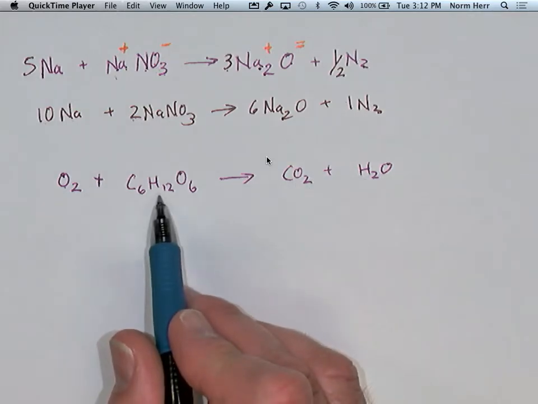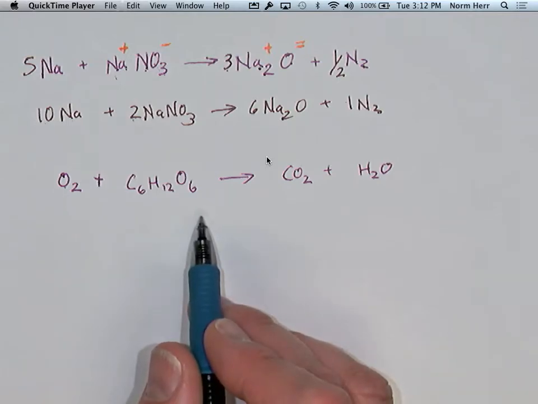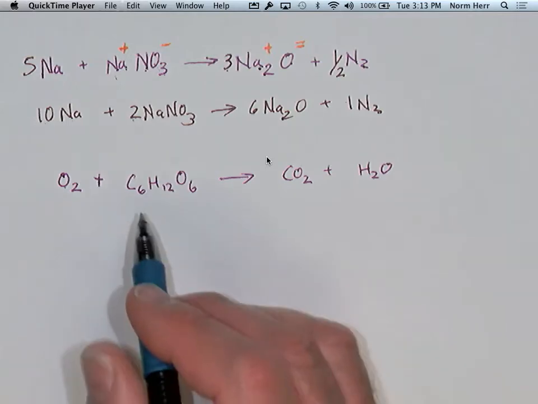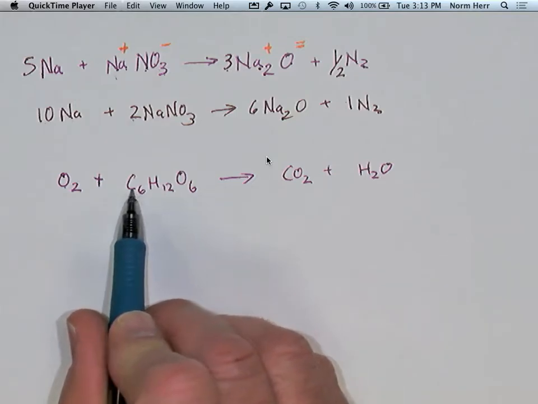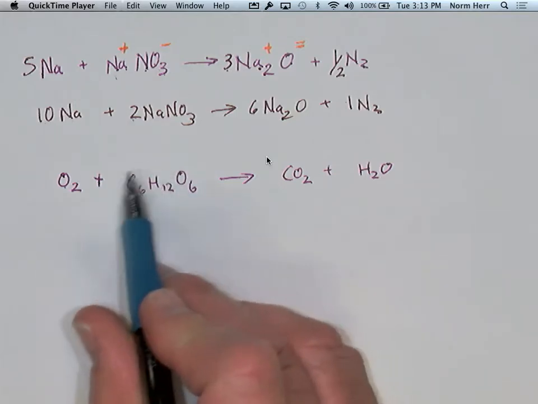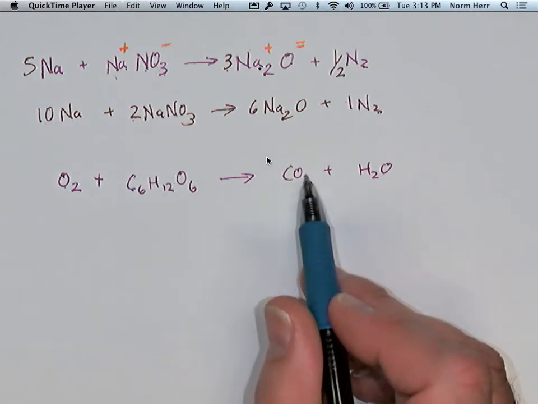So far, this reaction is not balanced. But again, we want to look for something which is found in one reactant and one product. Scanning this, we can see that carbon fits that role because there's just one substance containing carbon here and only one substance containing carbon over here.